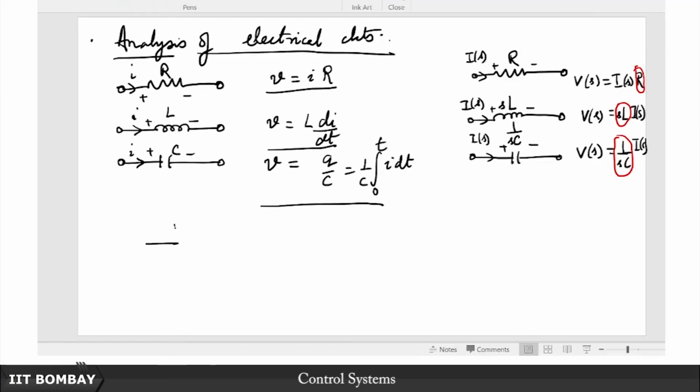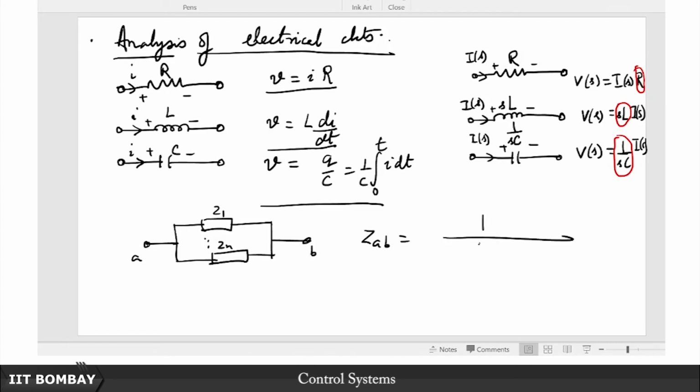So when you have, for example, impedances in parallel, Z1, so on and so forth till Zn, between these two terminals A, B, you wrote this as 1 over summation 1 by Zi, i equal to 1 to n.